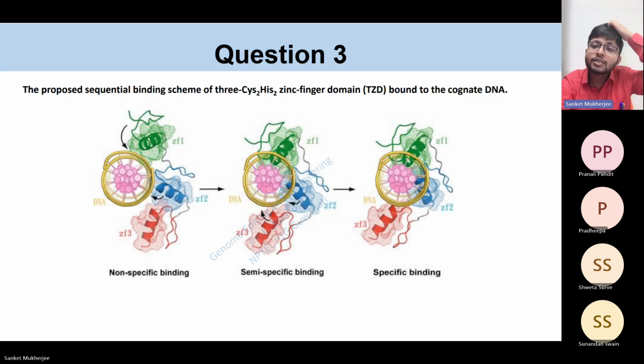So how will the specificity of this recognition site be determined in a zinc finger? Can you repeat the question? How will this zinc finger bind? How will that specificity be determined? The sequence is present in the target gene. Yeah, that is correct. It will bind to some sequences in the target gene.